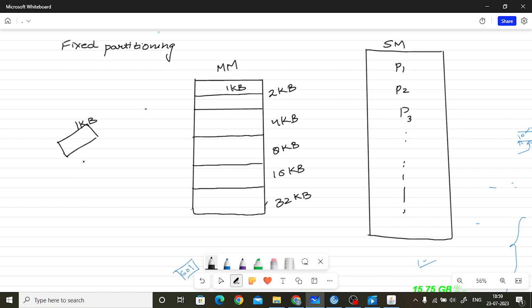We have another process, P2, of size 3 KB. It will reside in the 4 KB block, or partition.